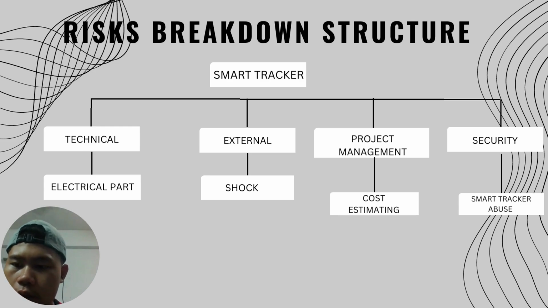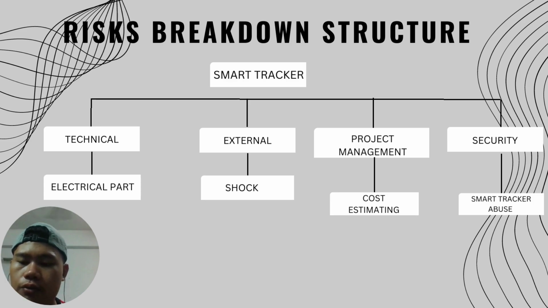And the external part of the smart tracker might be damaged because of shock, caused by customer behavior while using this product. Sometimes customers forget to handle it nicely, and sometimes it suddenly drops from the pocket and something else.